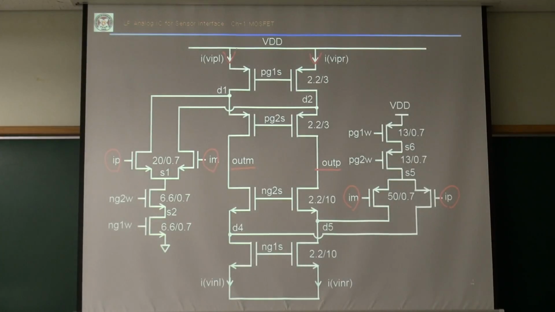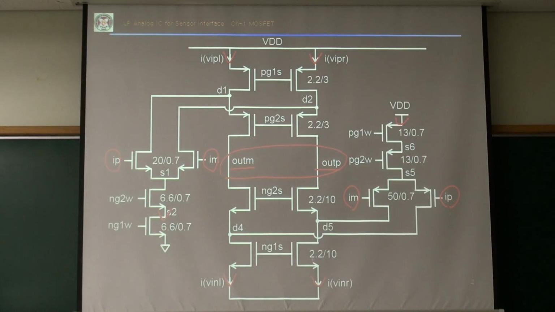We have 3 sourcing current sources and 3 sinking current sources. Some of those current sources must match to maintain the output voltage in the middle. Because it's very difficult to match, we need an active CMFB circuit.